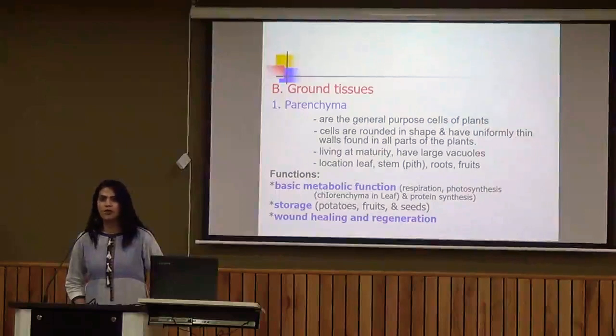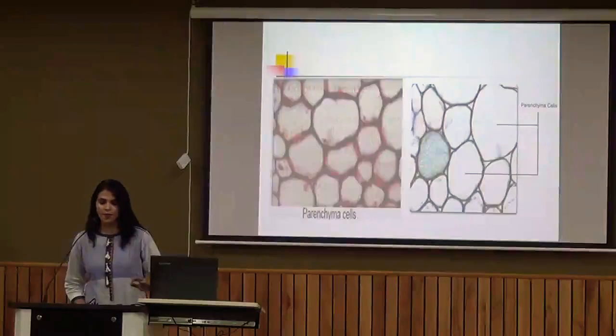So we have two types of parenchyma, or we can say specialized parenchyma, on the basis of where they are present. In the case of aquatic plants, they need to float, so the parenchyma contains air spaces. In most plants, they do photosynthesis, and the parenchyma containing chlorophyll is known as chlorenchyma. This is the diagram of the parenchyma cells.